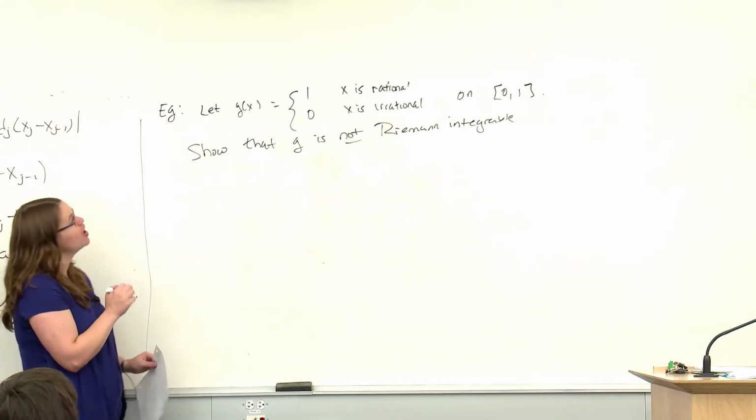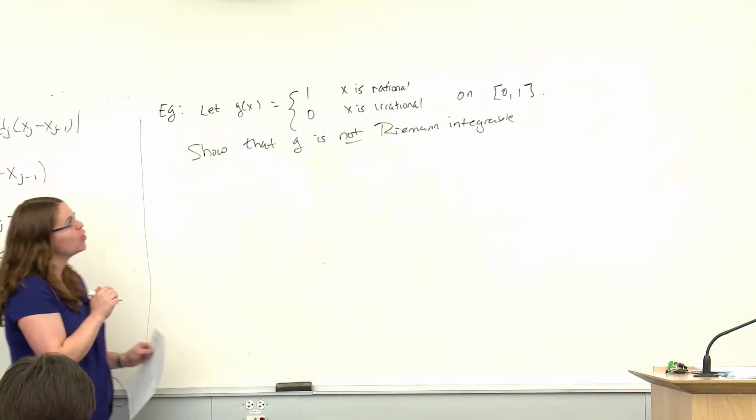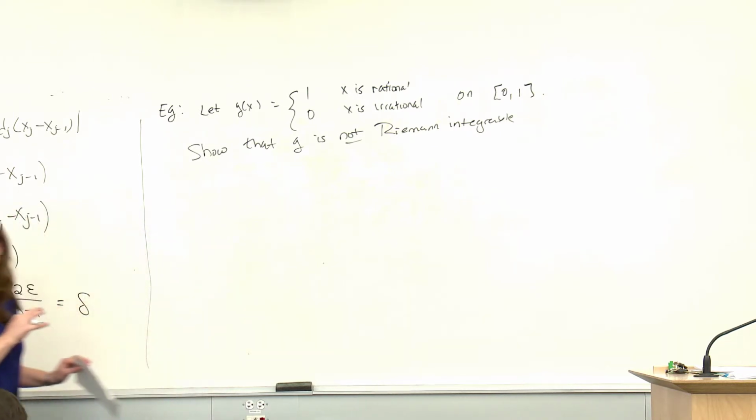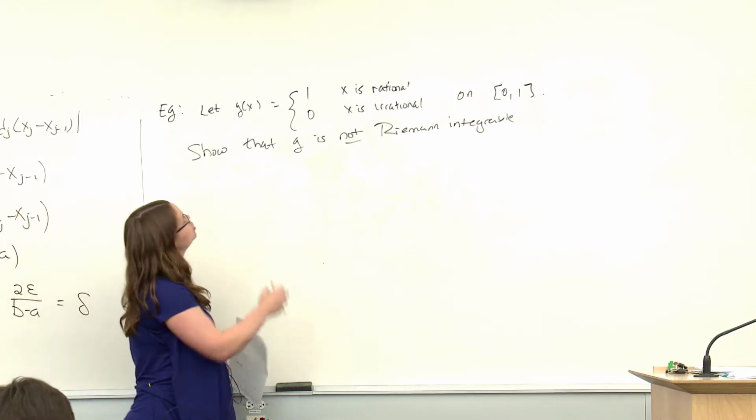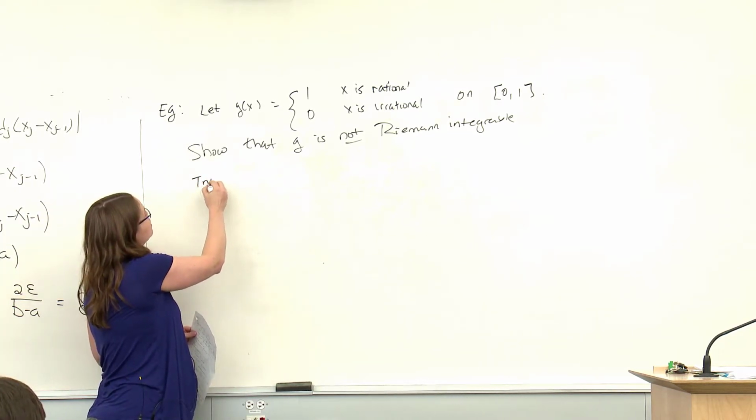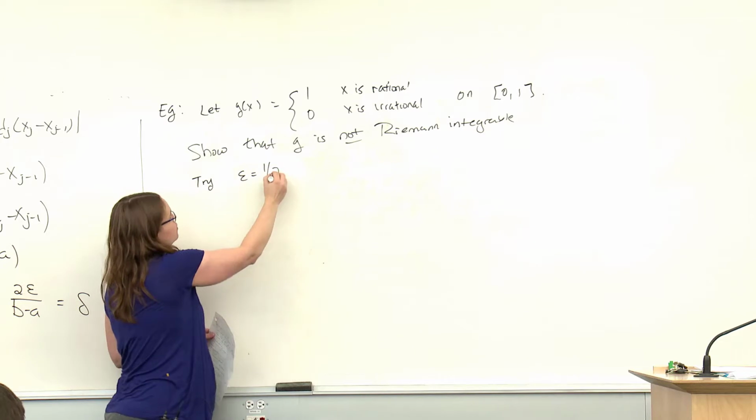All right, so let's try to break this thing. So we're trying to break the definition. The definition says for all epsilon, something happens. We're trying to break it, so that means we just need to find one epsilon that doesn't work. So I'm going to try epsilon equals 1/2.